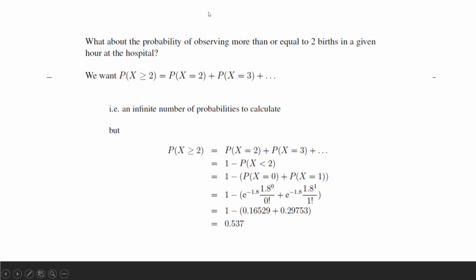But in this question it mentions more than or equal to, so you cannot clearly identify what those values are. More than or equal to means any value can be 2, 3, 4, 5 like that, not limited.